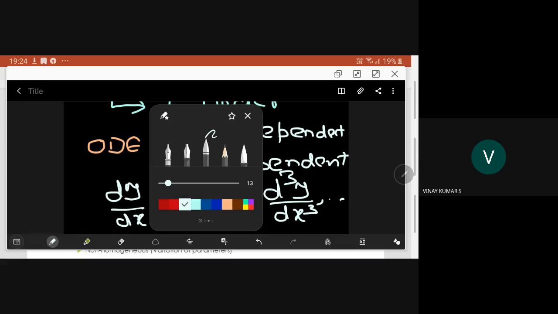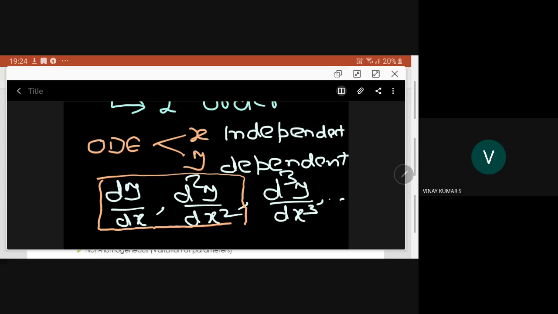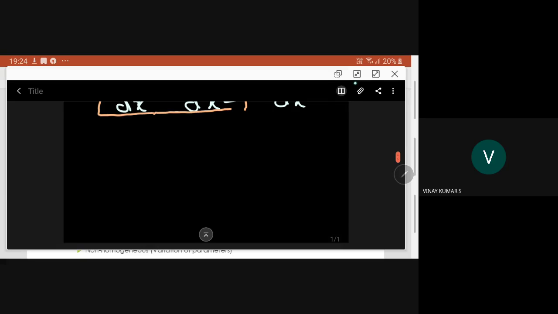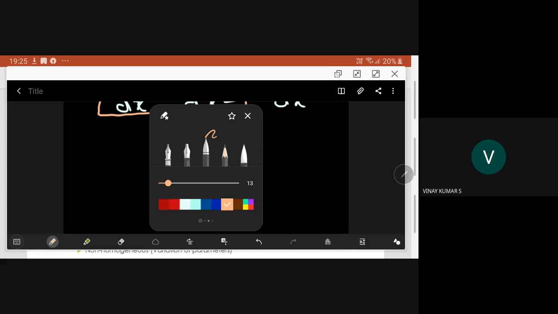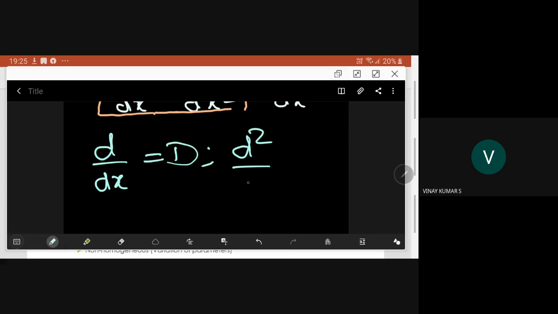Because we are focusing on only second order, by keeping GATE questions in view, only these two things will come into picture. So these things can in short be written in the following way. We write d by dx in short as D. Then d square by dx square as D square.